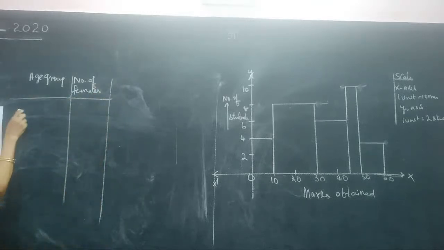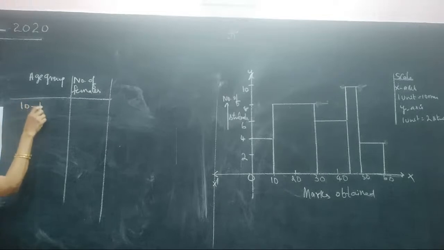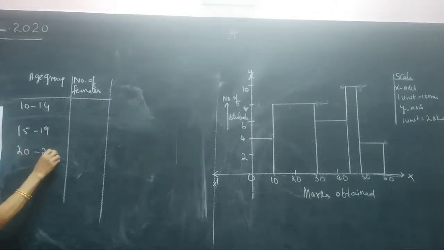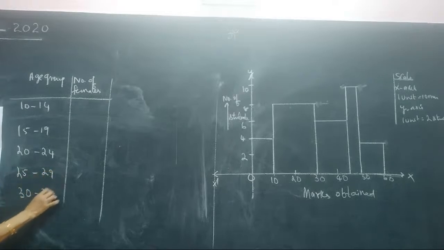Under the age group, it is 10 to 14, 15 to 19, 20 to 24, 25 to 29, 30 to 34.